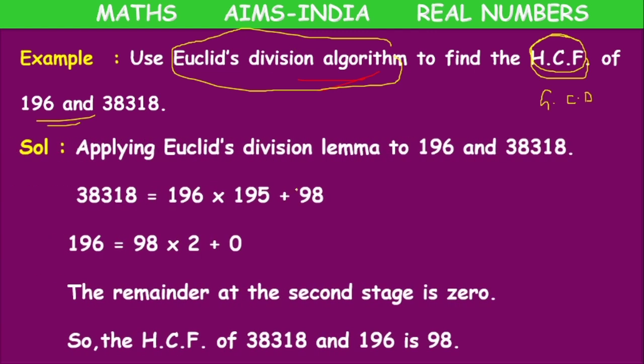Let's see the solution. First we have to apply Euclid division lemma for the given two integers.